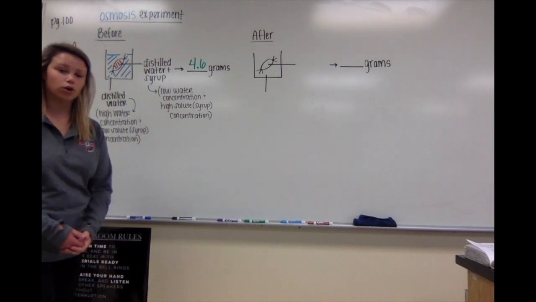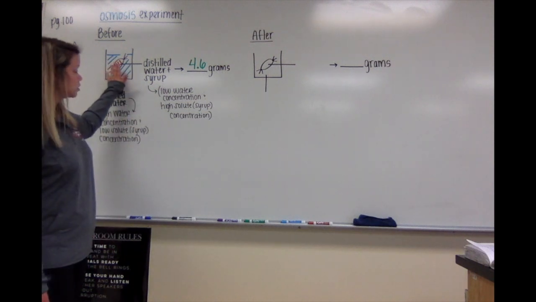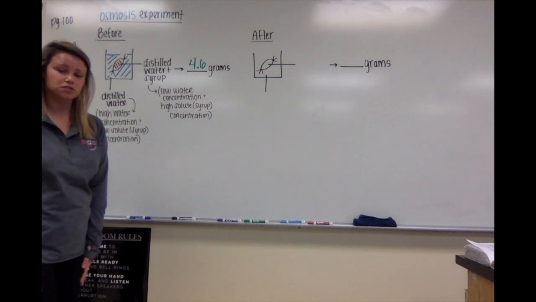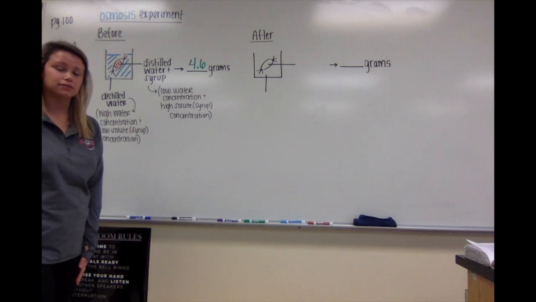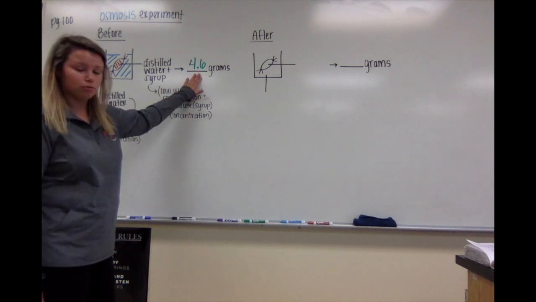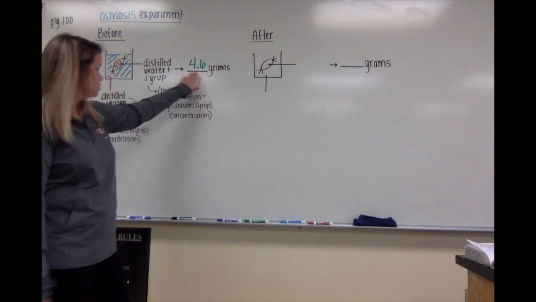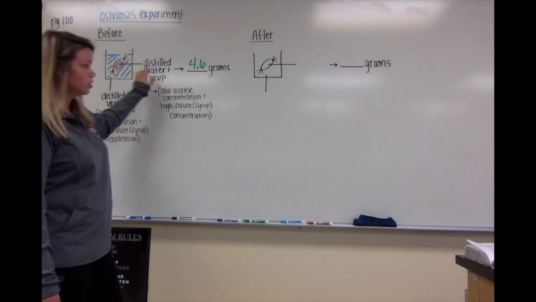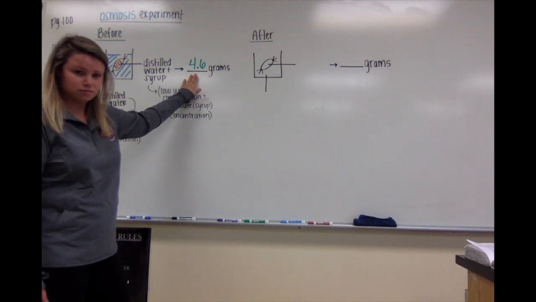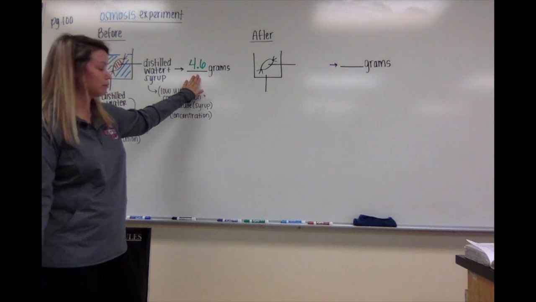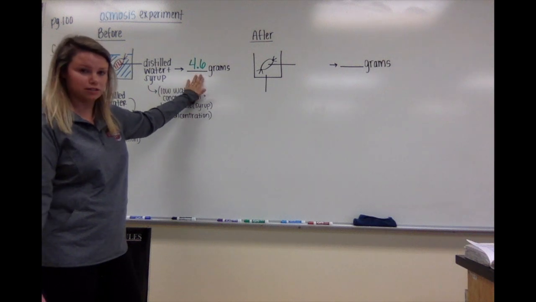Yesterday, before you put your bag of syrup water into your beaker, you took the mass of it using a digital balance. Your mass may or may not have been the same as mine. The mass of my bag of syrup water was 4.6 grams. You should have the mass that your group took here, but I'm going to use mine as an example.